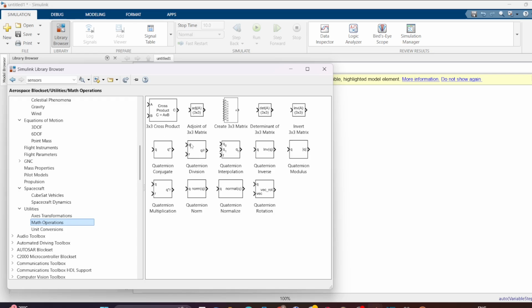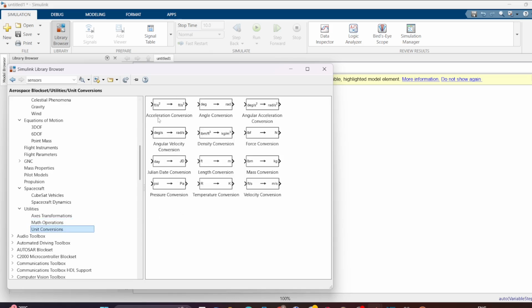There are several blocks also: 3x3 cross product, adjoint of 3x3 matrix, create 3x3 matrix, determinant of 3x3 matrix, invert 3x3 matrix, and the others. Then we have unit conversions: acceleration conversion, angle conversion, angular acceleration conversion, and the others, and many more.